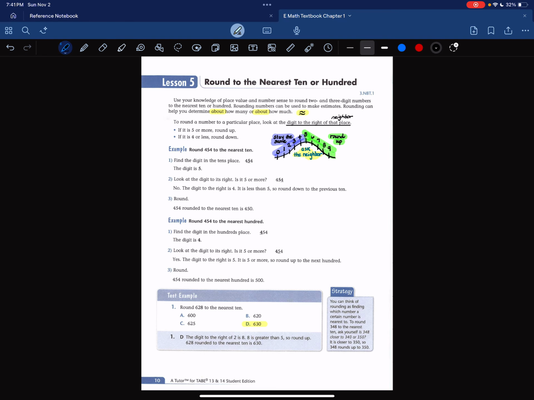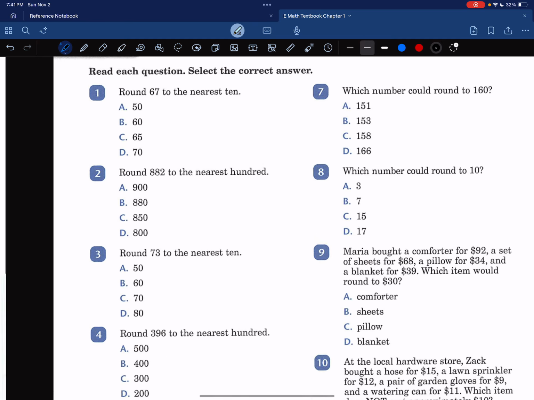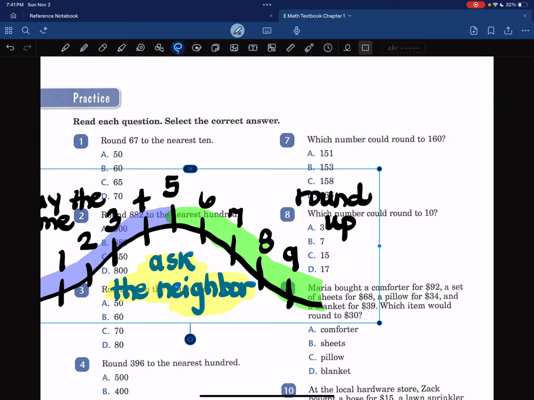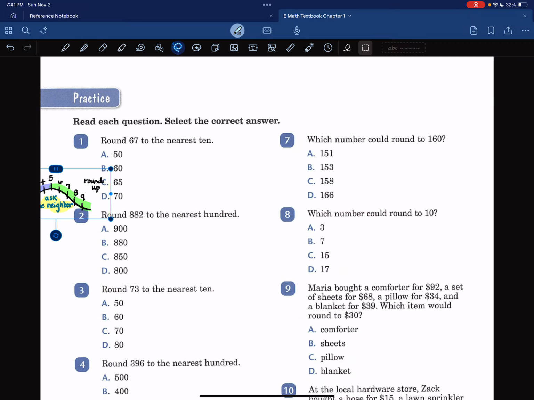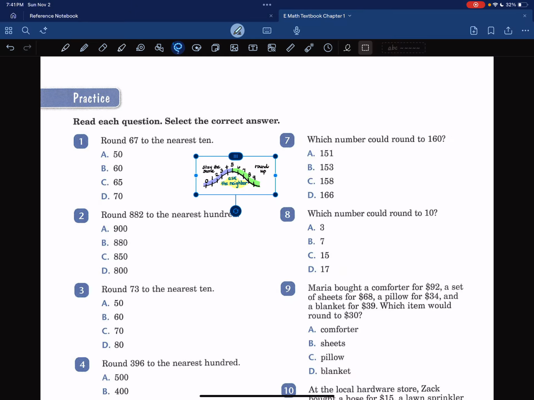Okay, let's practice some more on page 11. And I'm going to put my, let me paste this and shrink it so I don't have to keep doing this. Get it right where it will fit in here, maybe. And see if I can copy that one.